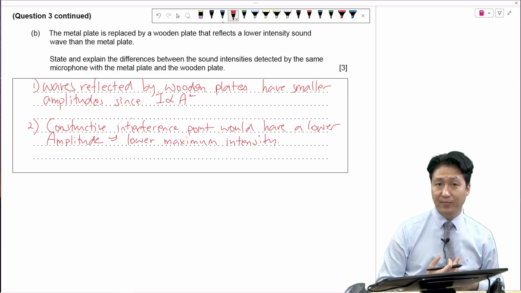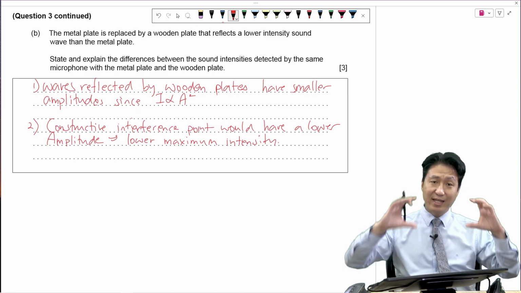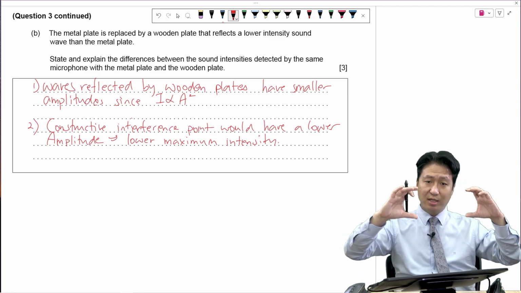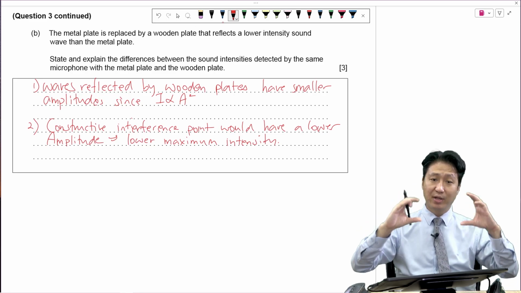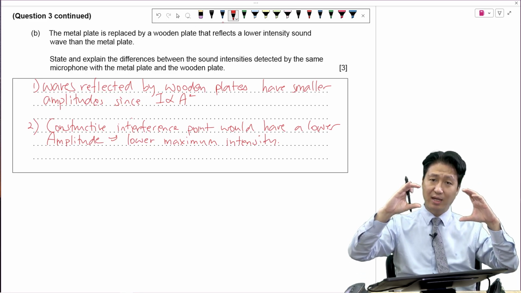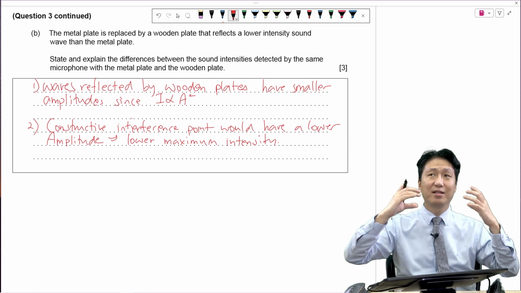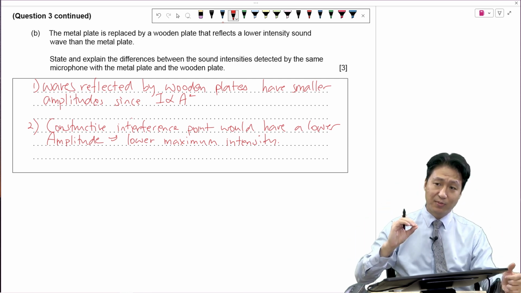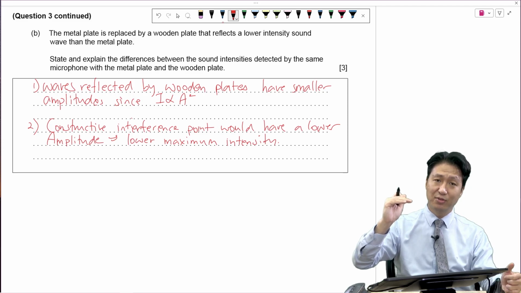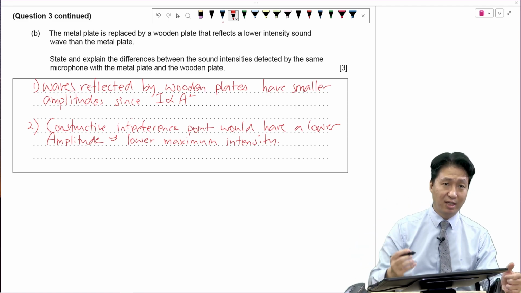What about the minima? Well, during the minima, if they had the same amplitude, it would be subtraction, so you have an amplitude of 0. But if you lower one of the amplitudes and they have destructive interference, you don't get all the way back to 0. You have higher amplitudes, which means higher intensity.